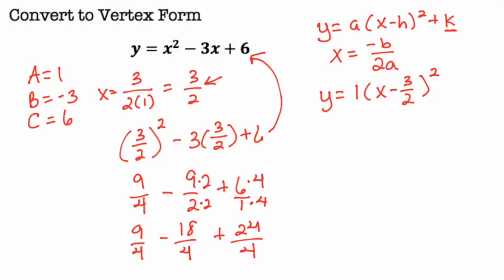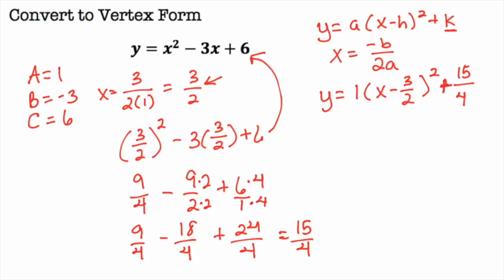So 9 minus 18 is negative 9, and negative 9 plus 24 is the same thing as 24 minus 9, which is 15. So negative 9 plus 24 is a positive 15/4. So plus 15/4. And you're done.